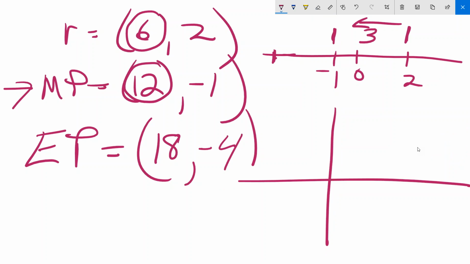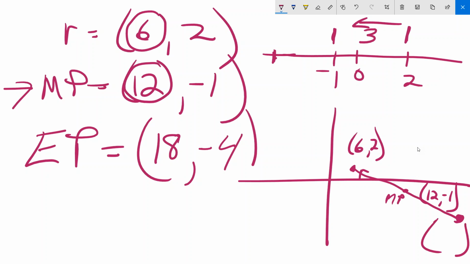So this is (6, 2), that's my starting point. The midpoint is (12, -1). That's the beginning point, so the endpoint is somewhere down there.